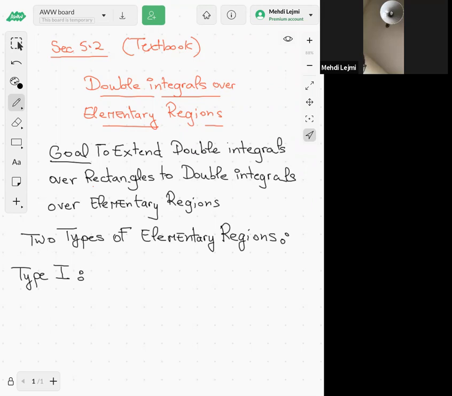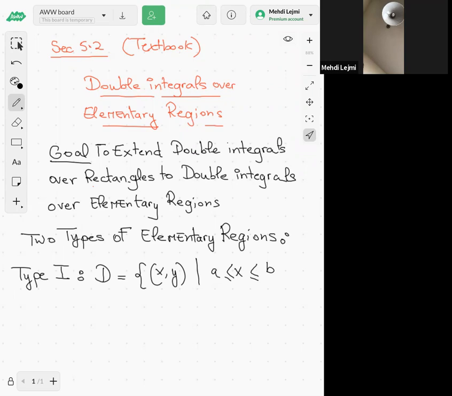So the elementary region D, the region D is the set of points x, y, such that x is between two constants, a and b, right?